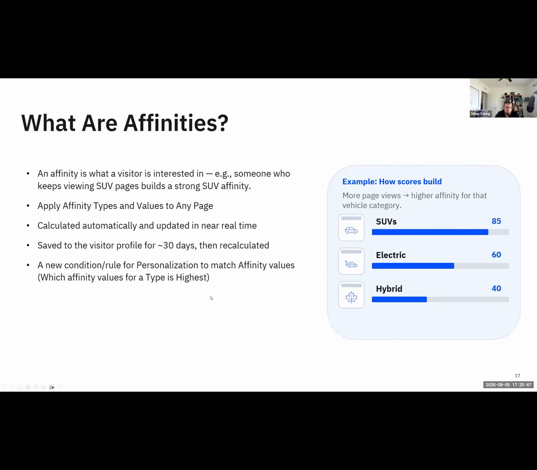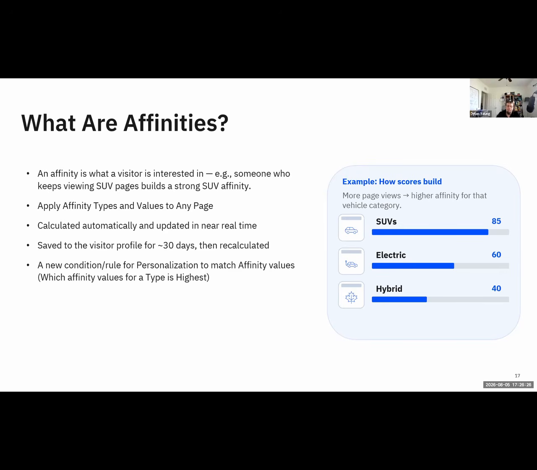And just to describe what affinities are, it's a way to achieve behavioral personalization. It's essentially an affinity towards a topic. It's a way that you tag your pages, and we're going to walk through one of those use cases in a second. You tag a name and value pair essentially to a page. And then when somebody hits that page, it scores to the user's profile that they have an affinity towards those values.